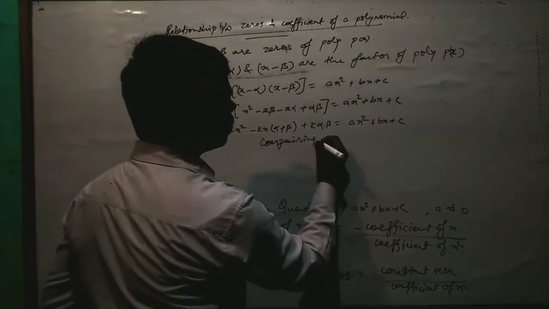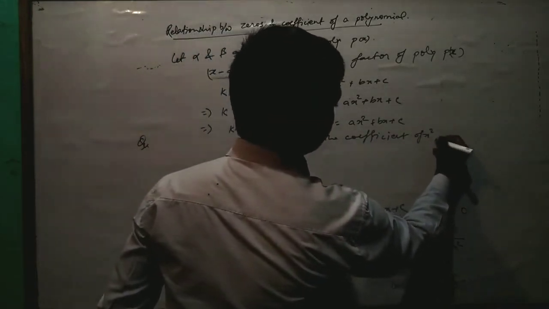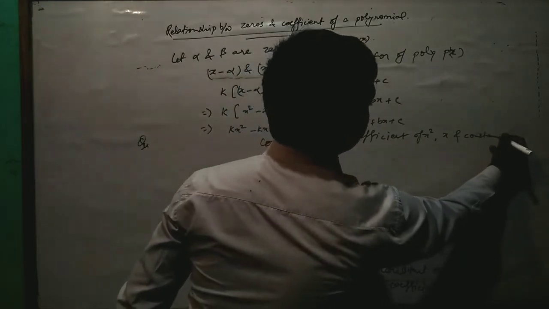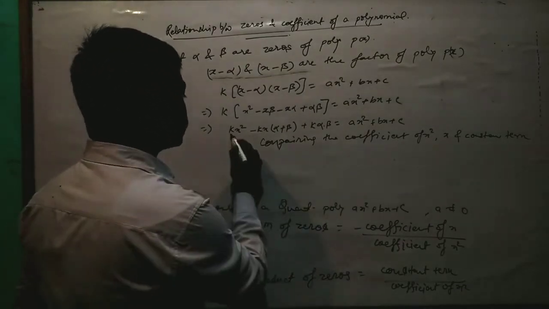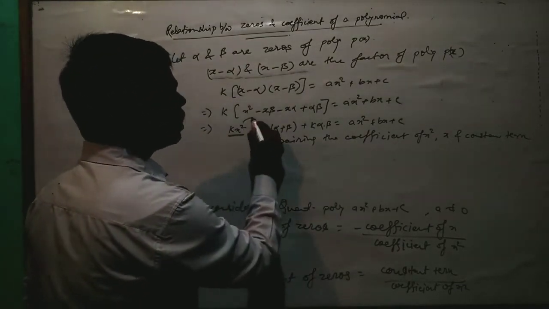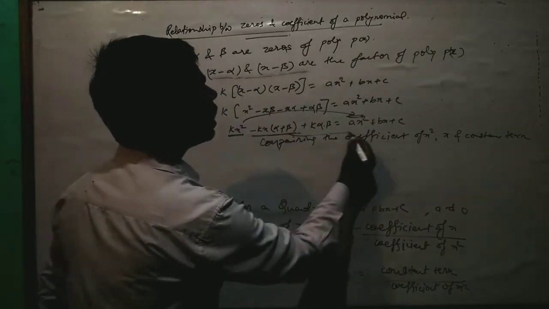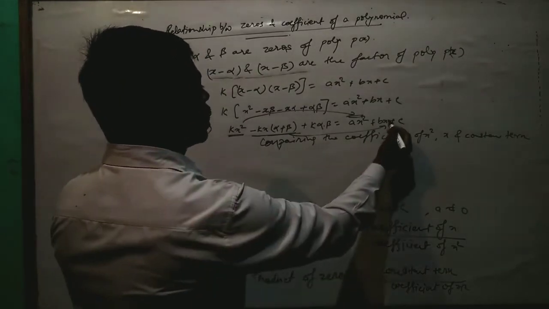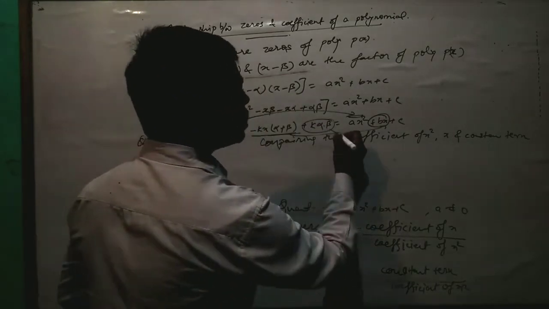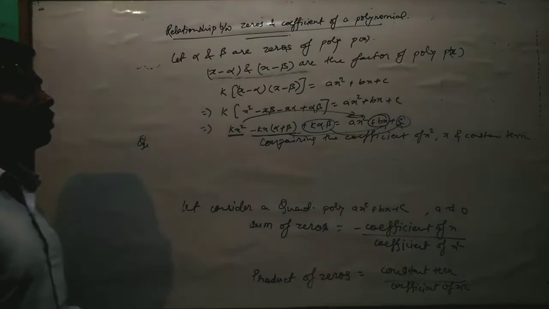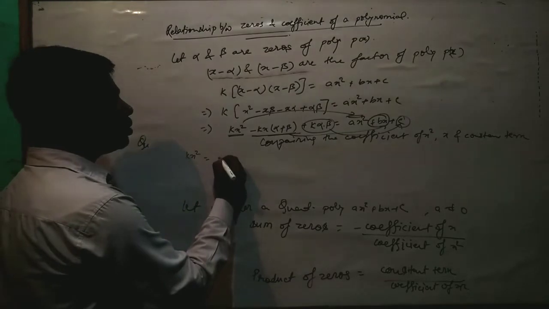When we compare the coefficient of x square, we get kx square is equal to ax square, and minus kx (alpha plus beta) is equal to bx, and k alpha beta is equal to c.